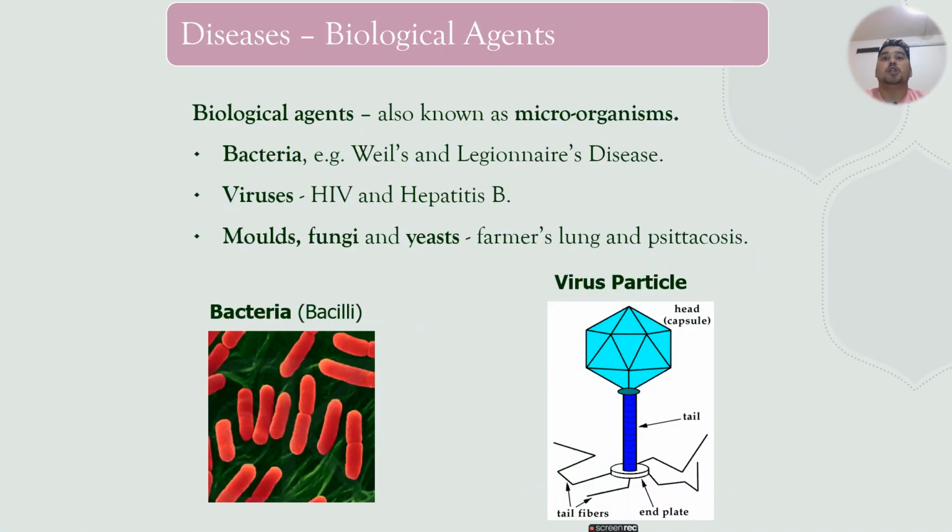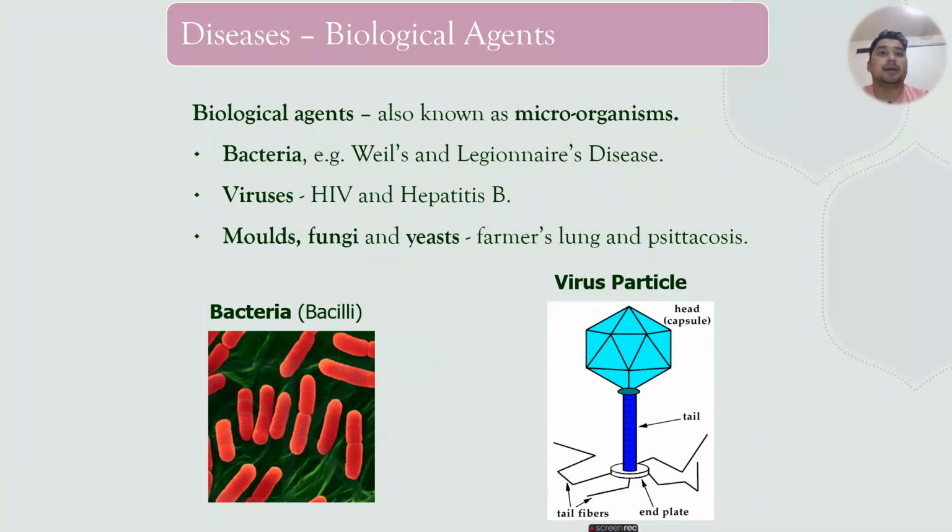Now the diseases from biological agents. Biological agents are also known as microorganisms. As you know, there are four different types of microbiological agents: bacteria, viruses, molds and fungi, and parasites. Bacteria you will find in any food product, human being, and any water.